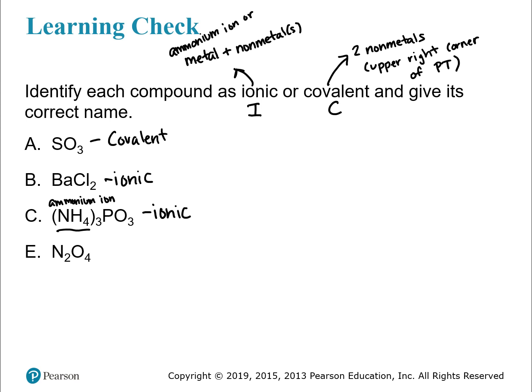Letter E. Ionic or covalent? It's covalent. I'll walk you through how to name the covalent ones. The first word of the name is going to reflect the element name, the first element that you see. So that's going to be sulfur.